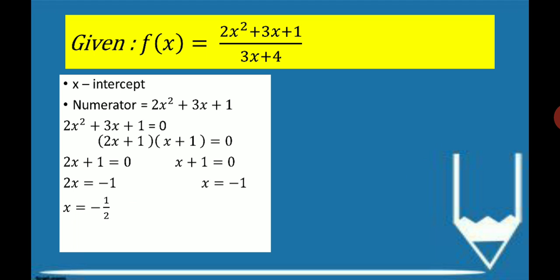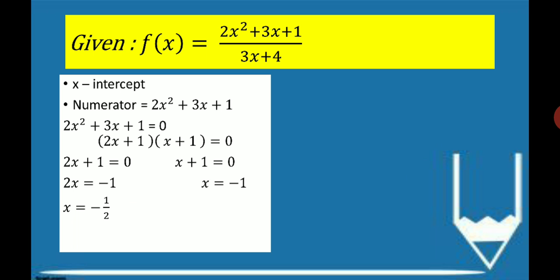So, if there is a question, alin sa dalawa ang x-intercept since dalawa yung naging value ng x? Sagot, both of them. Both are the x-intercept. If there are 2 values, there are 2 x-intercepts.